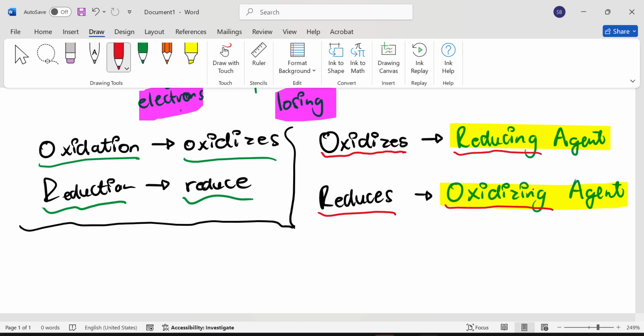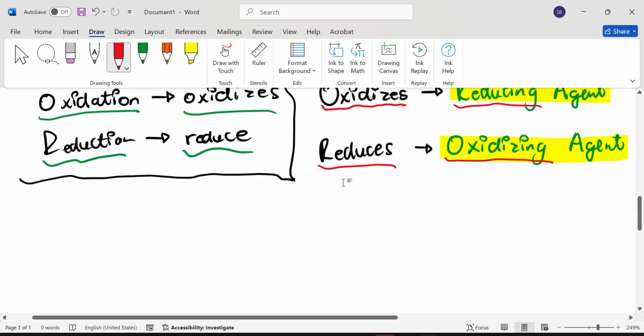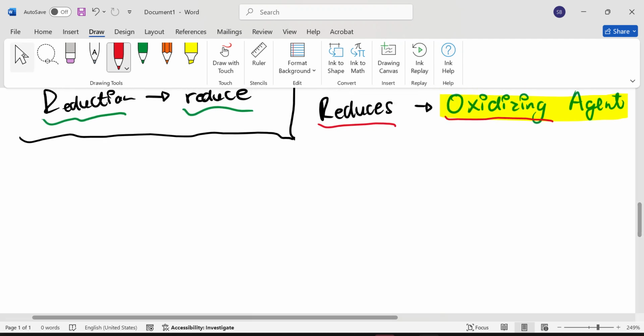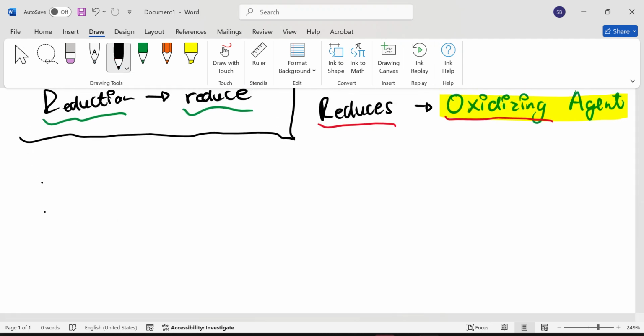Now, why exactly do we say that? It's not important for you to know this, but you must understand what they mean. When a substance oxidizes, we say that it is the reducing agent. Now, why is that?